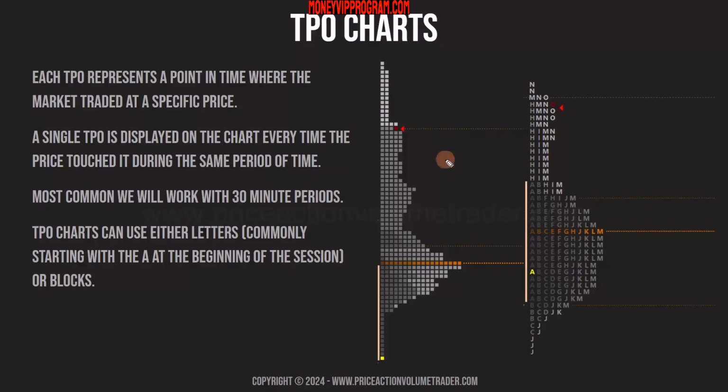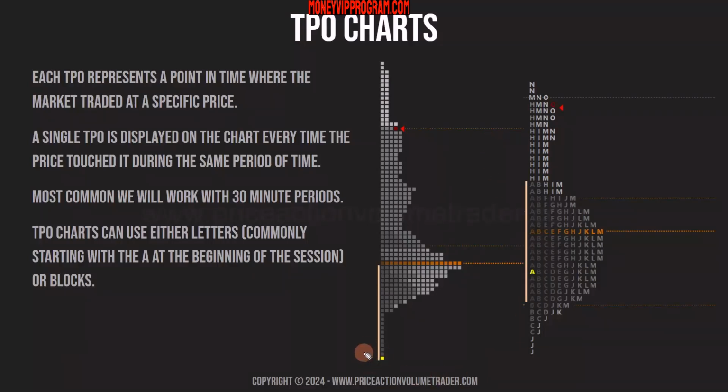What you're looking at here is basically just a way of organizing the relationship between price and time. So each TPO, or each block or letter, represents a point in time where the market traded at a specific price.